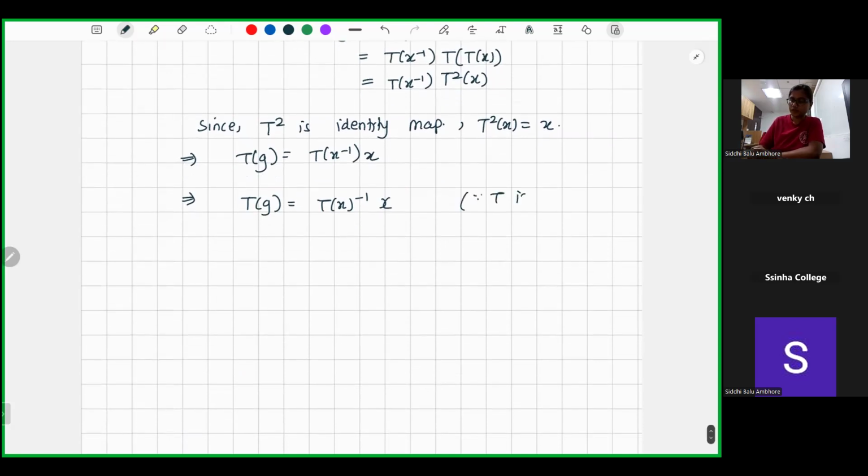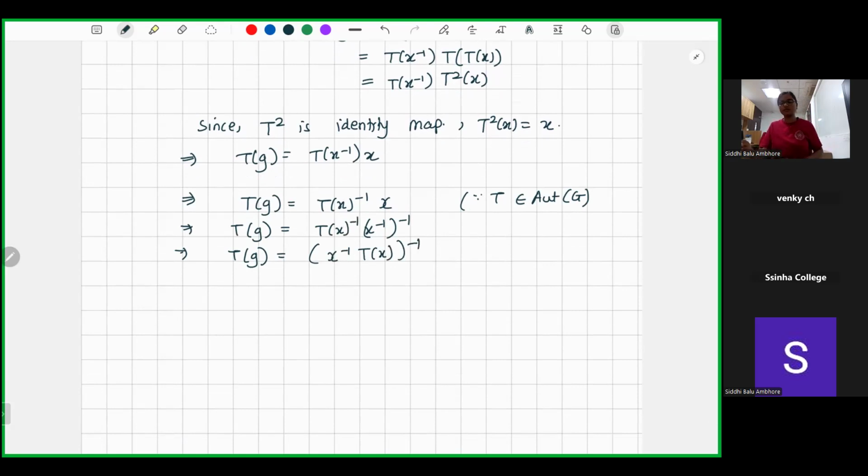Since T is an automorphism of G. And if I modify this a bit, T of x inverse, and this is x inverse inverse, right? So then I get T of x whole inverse, right?